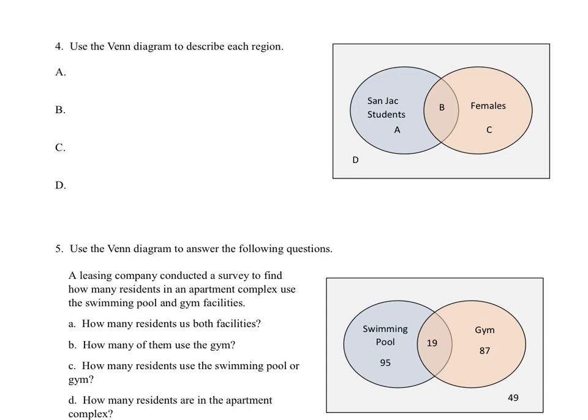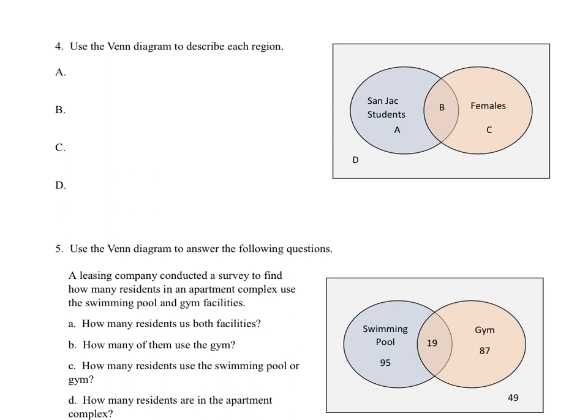Sometimes when we are working with Venn diagrams, you'll be given a Venn diagram like this, and it'll be useful to be able to describe each region. So what we are going to do is look at the Venn diagram and talk about it and then see if we can come up with the categories over here.